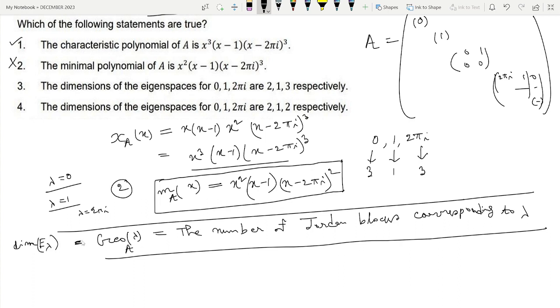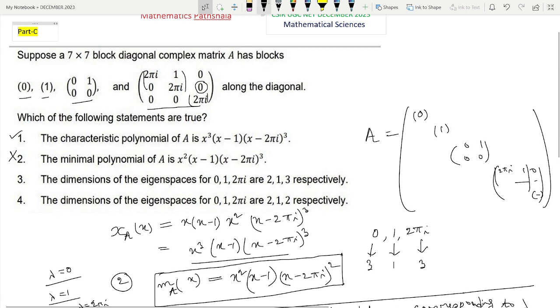So we find that actually the dimension of the eigenspace equals the number of blocks corresponding to an eigenvalue. So first consider lambda equal to 0, the eigenvalue 0. See how many blocks are there corresponding to 0. This is a block of size 1 and this is a block of size 2. So there are two blocks.